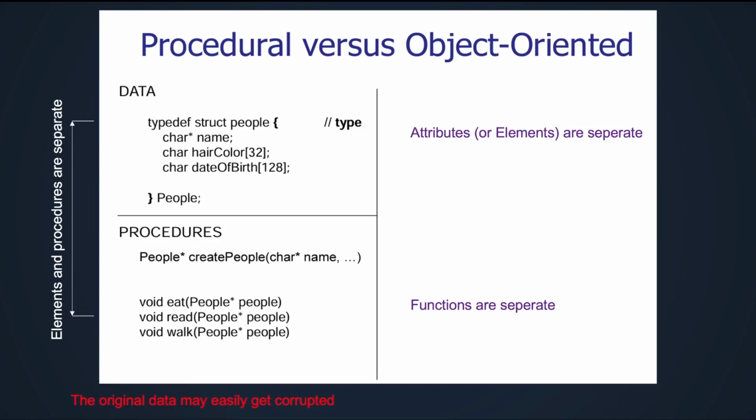For them, they had a separate declaration, and for functions, they had another one. So elements and functions were separate. These functions were working on the elements. So they try to mimic exactly how mathematics used to work.